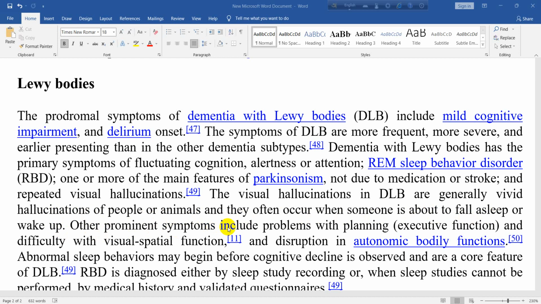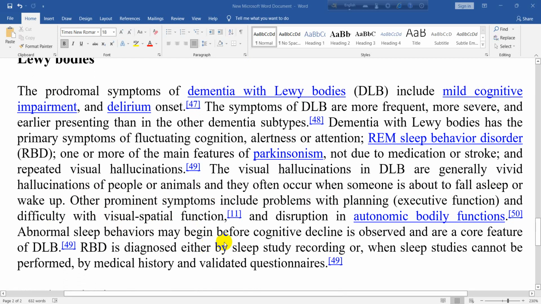Other prominent symptoms include problems with planning, executive function, difficulty with visuospatial function, and disruption in autonomic bodily functions. Abnormal sleep behaviors may begin before cognitive decline is observed and are a core feature of DLB.